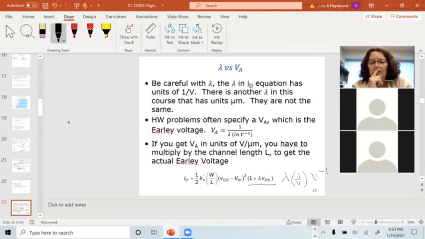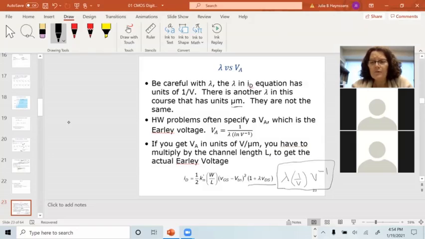There is another lambda that has units of micrometers, and it's the minimum feature size for a process. So they are different. You have to look at the units to tell which lambda's which. Just be careful. For right now, the only lambda we're dealing with is this one, until we get to later.